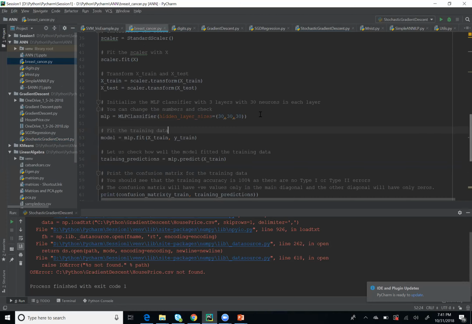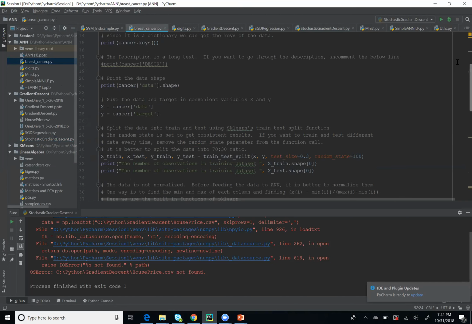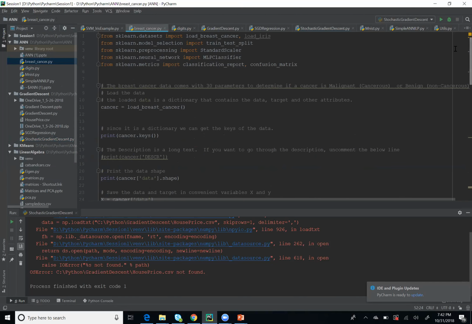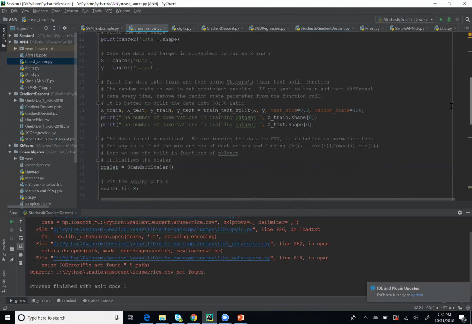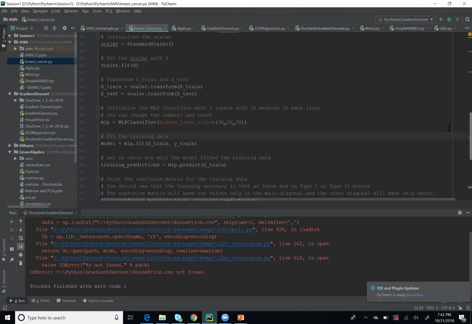We used an MLP classifier with hidden layers. This is a standard sklearn library, and you can create a neural network using MLP classifier. You can split the data, train the data, and create hidden layers with this. So this is a simple network.